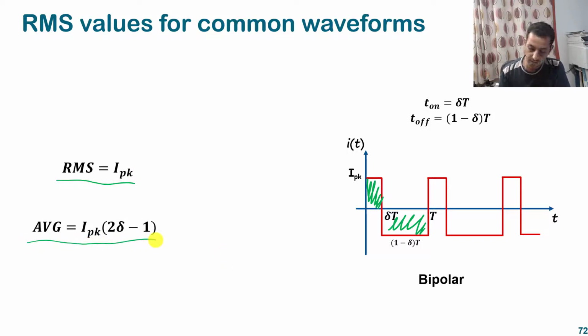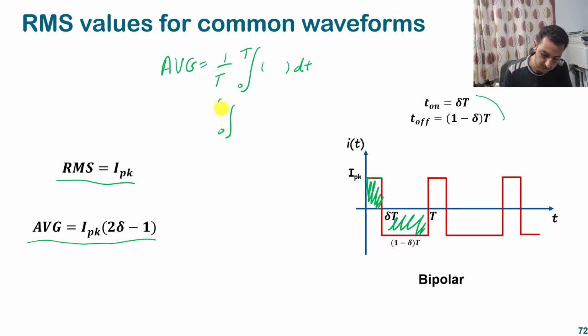All right. So again, I mentioned before that the T on is delta T, and the T off is 1 minus delta T. So if I want to compute the average, for example, 1 over T from 0 to T of the signal itself dt, the signal is I peak from 0 to delta T, and from this point to that point it is minus I peak.